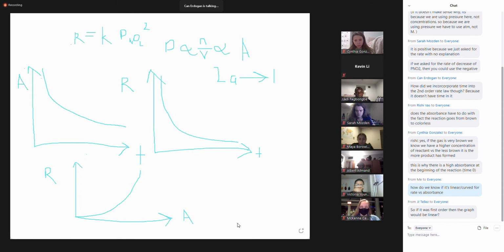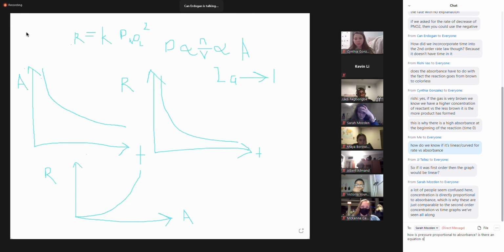Yeah, but in the third graph, aren't we comparing kx squared with kx? If you were comparing kx squared with 1, or with a constant, it would be a parabolic line, but we're comparing it with kx, because we say that pressure is proportional to absorbance to the power of 1. So I was thinking, if we divide both of them, we would just get something like rate over absorbance equals kx.